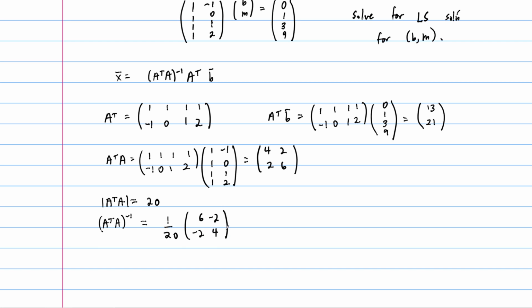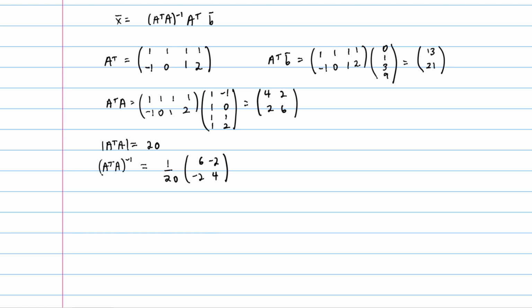Right? And so there's that. And now we can just multiply this matrix times this vector. So I've highlighted in a very odd way here, but this matrix times this vector. So that's what we have to do.